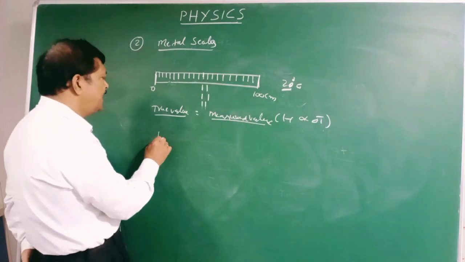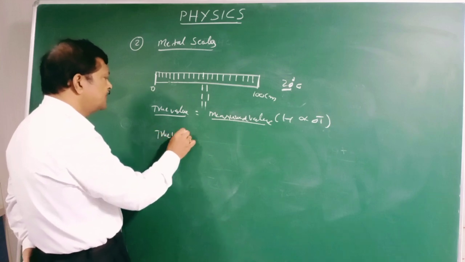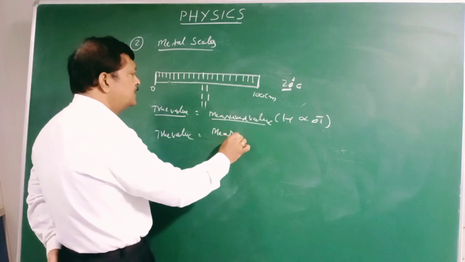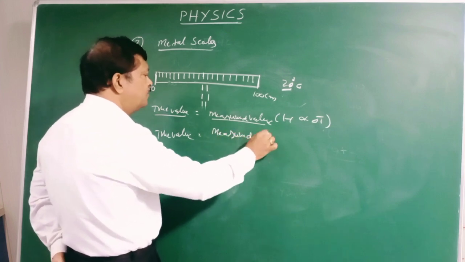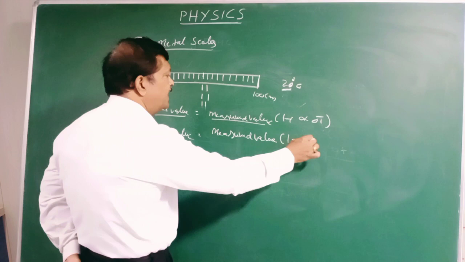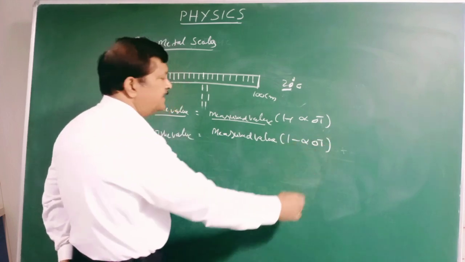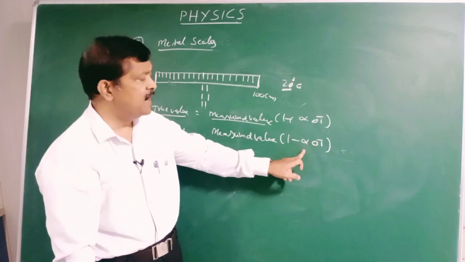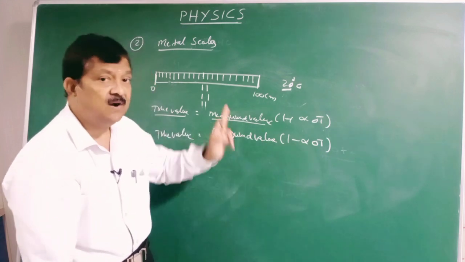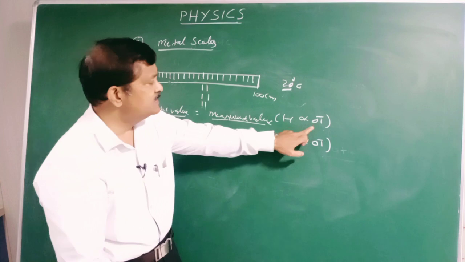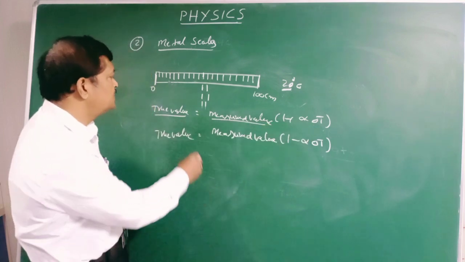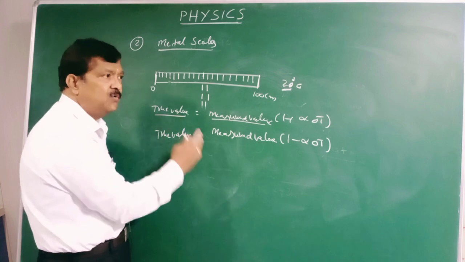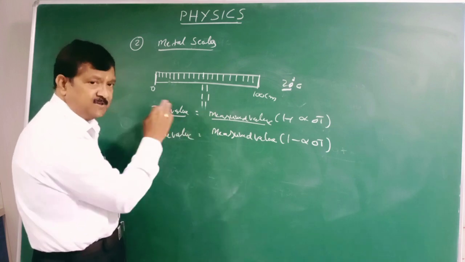Then the true value corresponding to a low temperature is nothing but measured value of 1 minus alpha delta t. So here the measured value multiplied by alpha delta t represents the contraction, and in the earlier case that represents the expansion. So use these two conditions to find out the true value. To find out the true value, we can use both these equations.